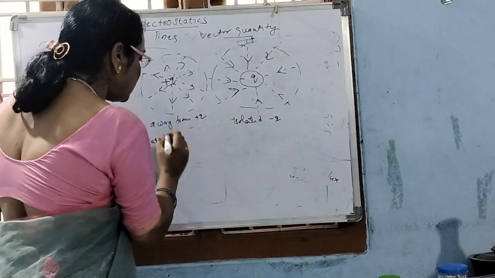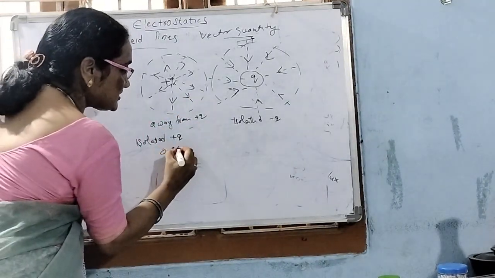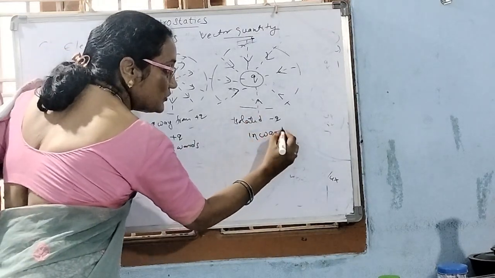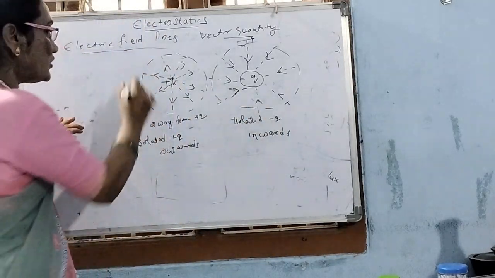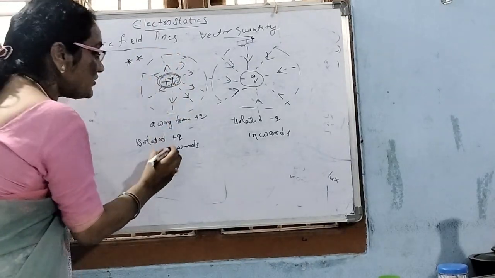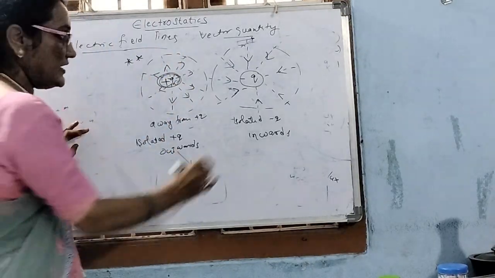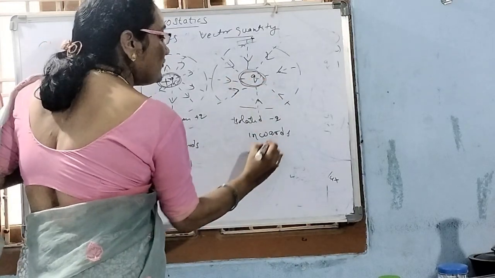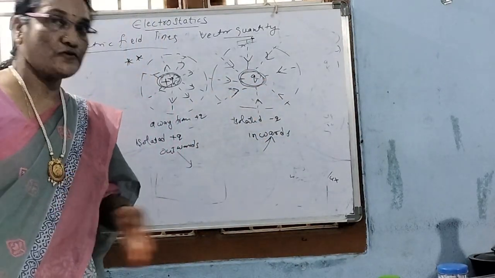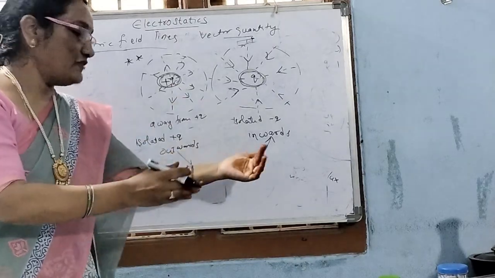Means flux lines here are outwards and the flux lines here are inwards. Important point to remember: if we take the positive charge, flux lines flow outwards. If we take the negative charge, flux lines flow inwards, from infinity towards the negative charge.